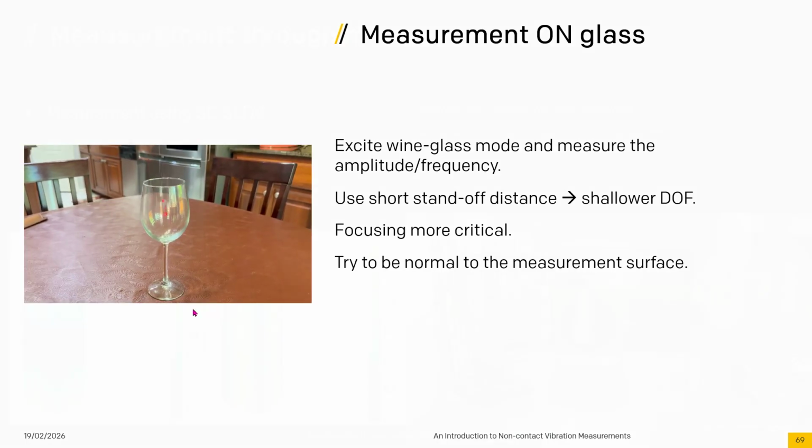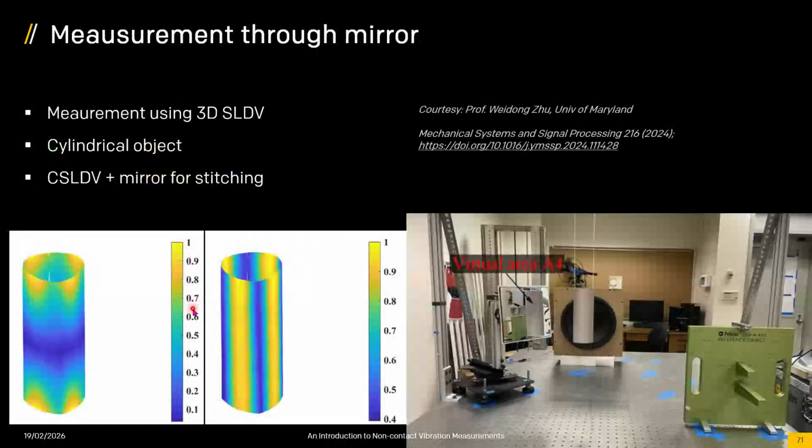And the next one is what happens when you don't have direct line of sight. When you cannot see the whole structure in one shot, how do you get to all the different positions? This work by Professor Wei Dong Zhu's group at the University of Maryland, they are super creative in using mirrors. They measure something directly and then something through mirrors, and they have algorithms that can stitch the data automatically.